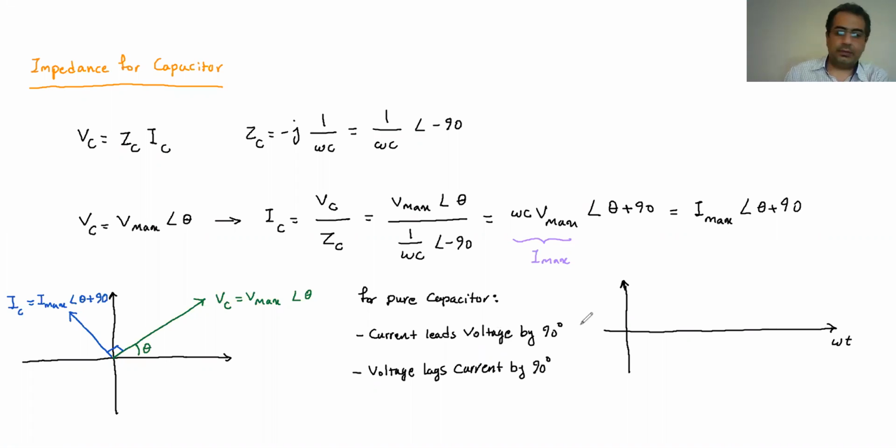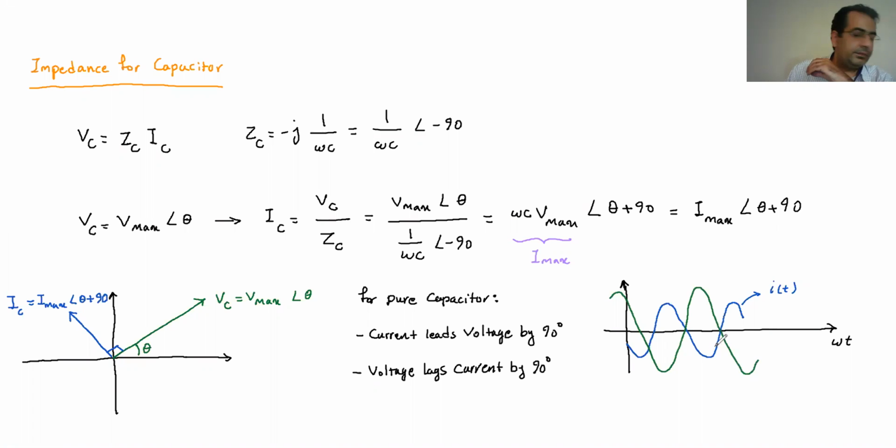So if I assume that this is the current going like this, whatever happened to the current, 90 degrees later happened to the voltage. So basically it goes like that.